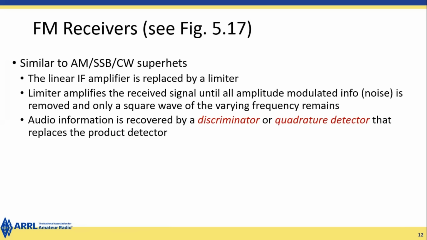Similar to AM, single sideband and CW receivers, the linear IF amplifier is replaced by a limiter. The limiter amplifies the received signal until all amplitude modulated information and noise is removed, and only a square wave of varying frequency remains. Audio information is recovered by a discriminator or quadrature detector that replaces the product detector.